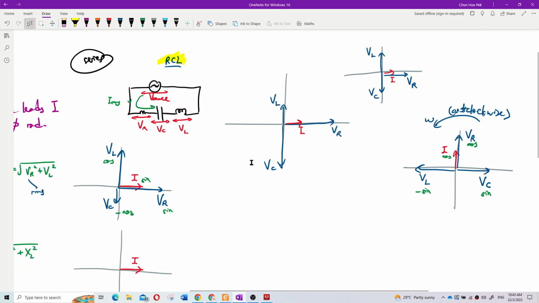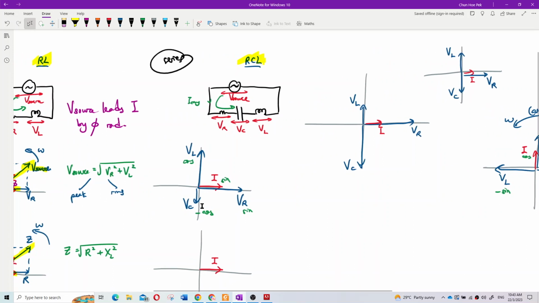Let's look at these three conditions. First, VL longer than VC. We know these are in opposite directions, so they cancel each other, they minus each other. After they minus, what do you get? It's VL minus VC.